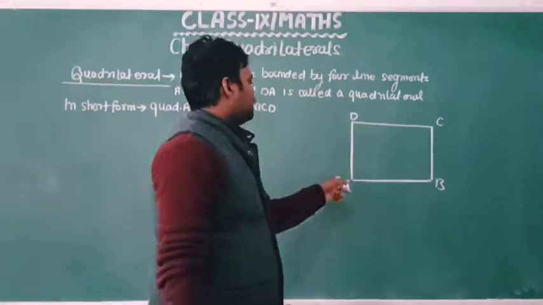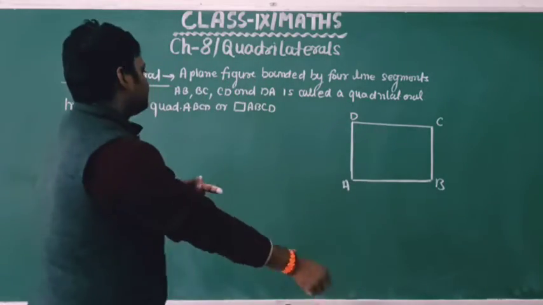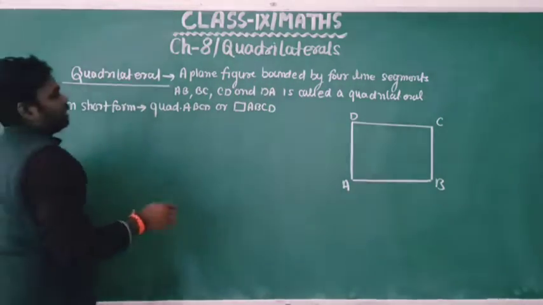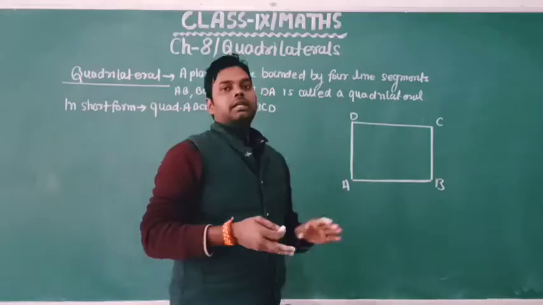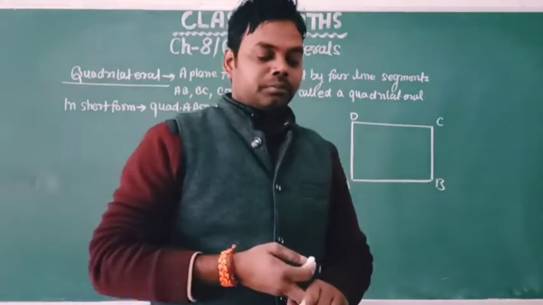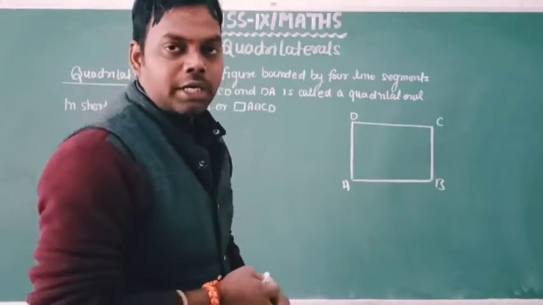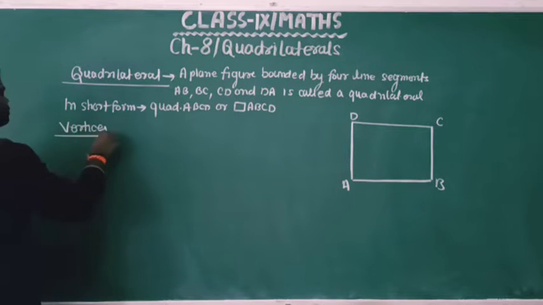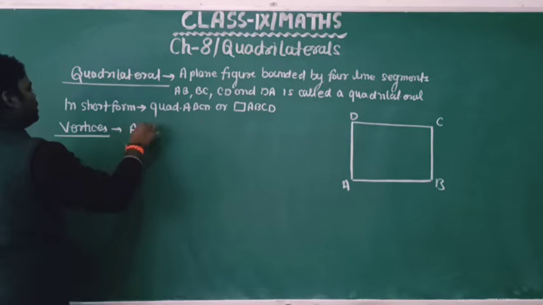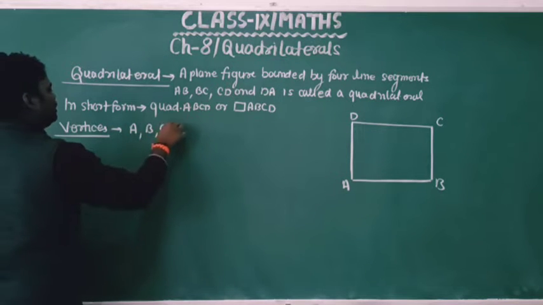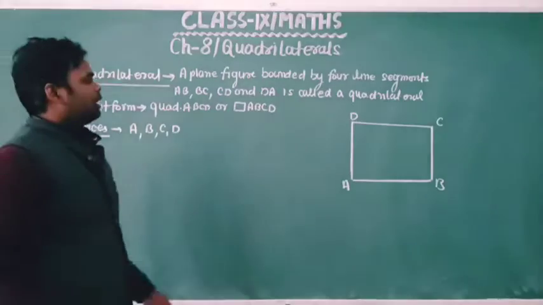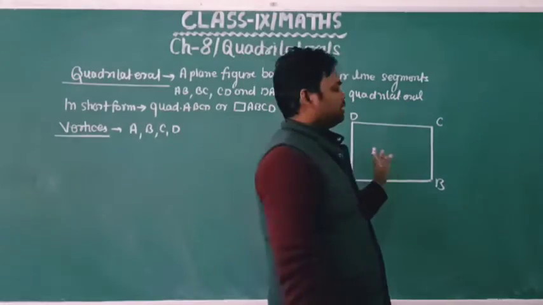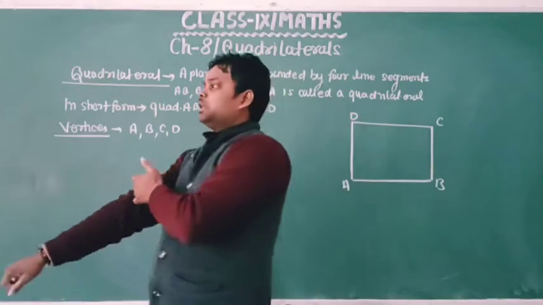In quadrilateral ABCD, the points A, B, C, D are called its vertices. So A, B, C and D are called vertices of quadrilateral ABCD.